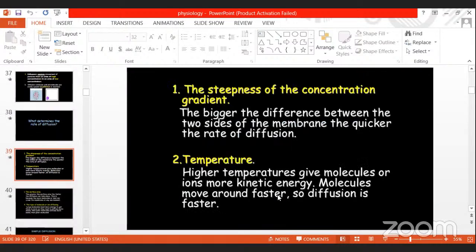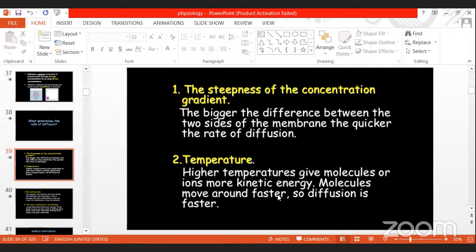The rate of diffusion depends on the concentration gradient. If the high concentration area is C1 and the low concentration area is C2, then the difference C1 minus C2 is the steepness of the concentration gradient.